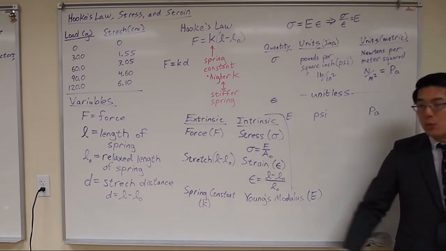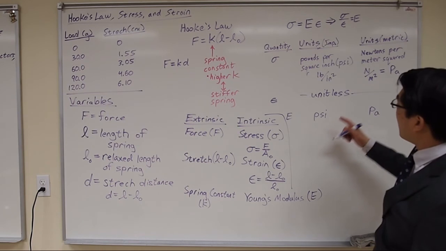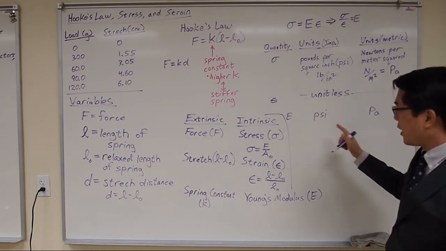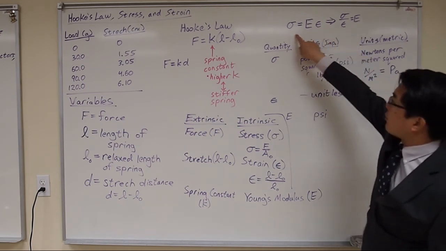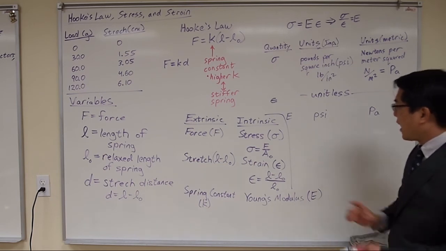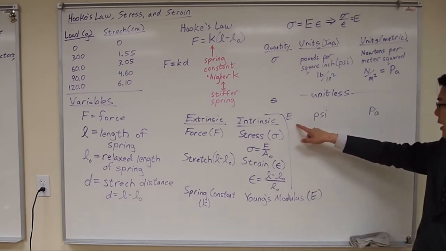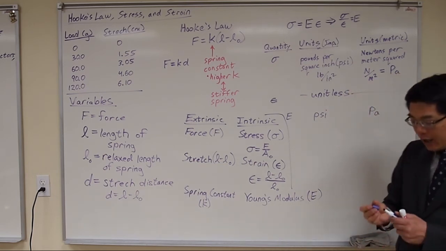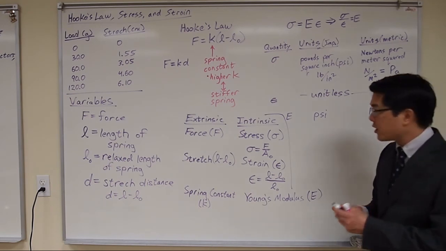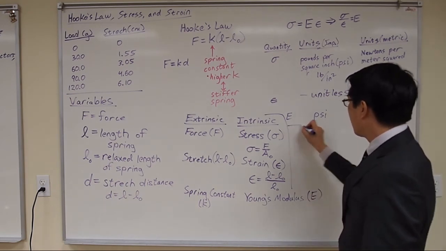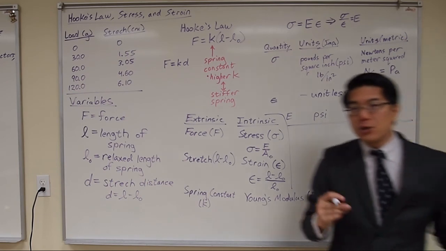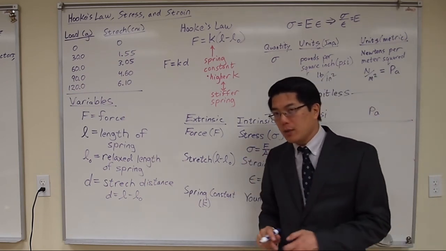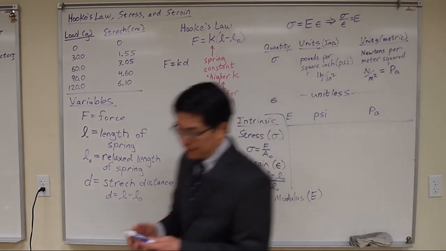Okay, so we've taken care of explaining stress, strain, the mathematical relationship between them, and the units involved in actually measuring all of these quantities. So now let's do two things. Thing one, let's look at our original data.